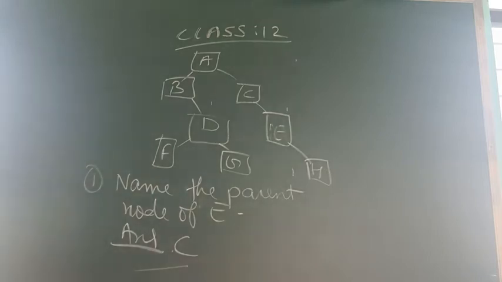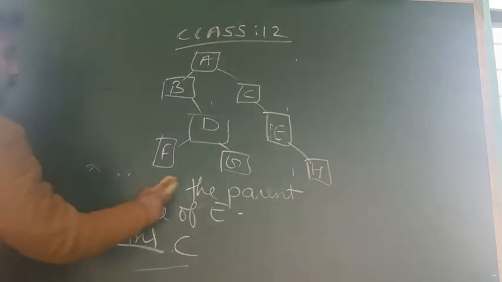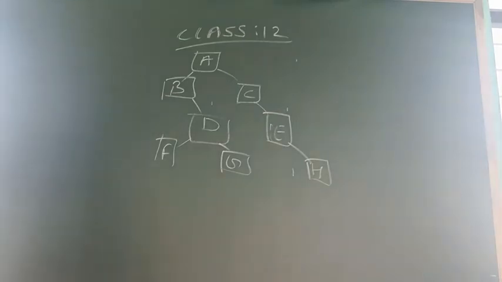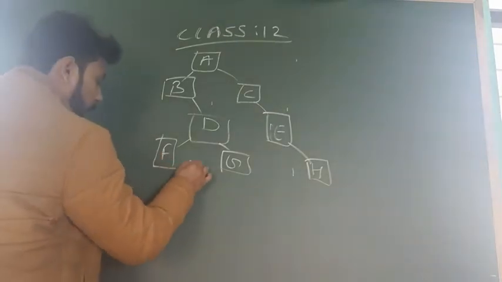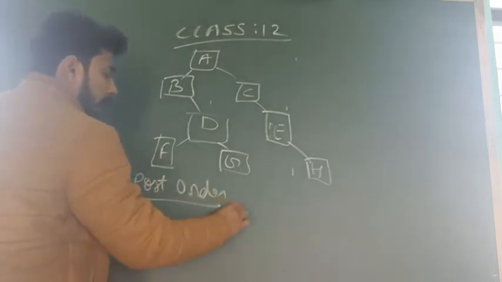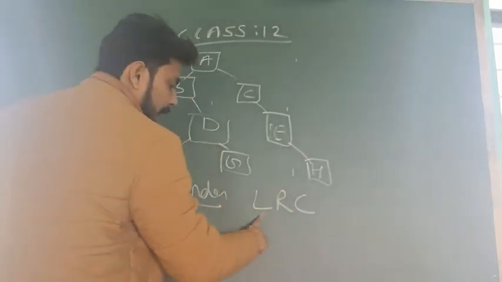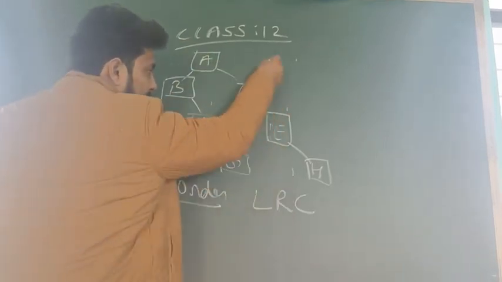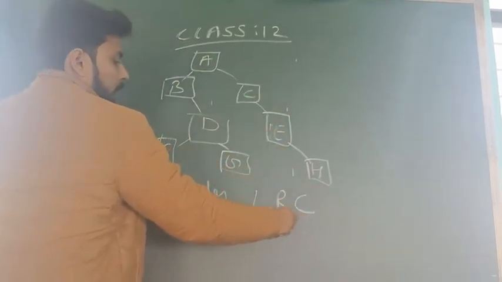Now post order tree traversal, write the post order tree traversal of this tree. In the post order we have the order L, R, C: left subtree, right subtree, then your root.